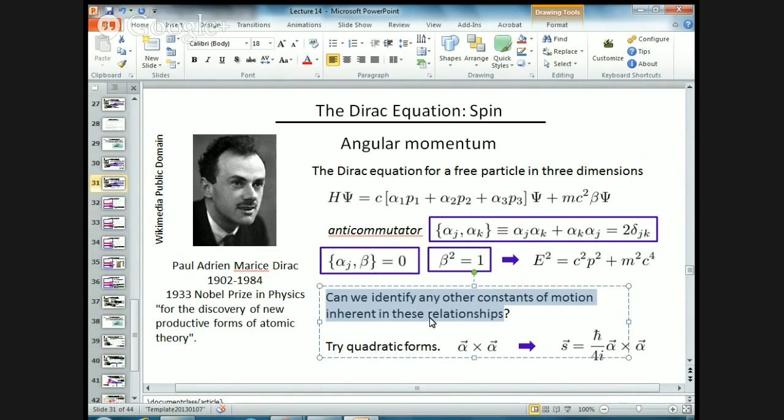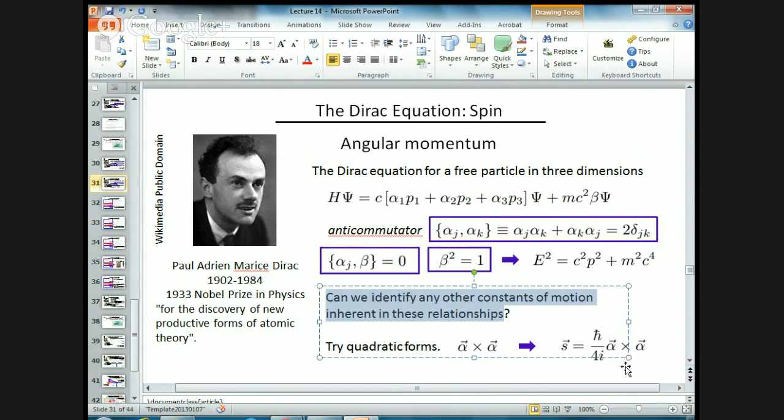So let's try to identify some constants of motion that are based on quadratic forms, completely anticipating the result. I'd say let's look at the quadratic form alpha cross alpha, which is alpha 1, alpha 2, for example, alpha 1, alpha 2 minus alpha 2, alpha 1.